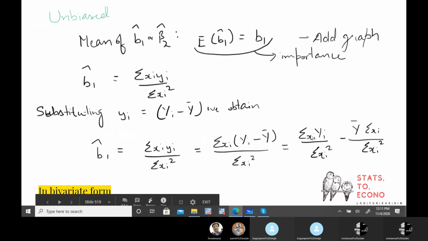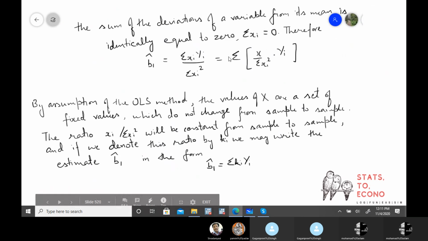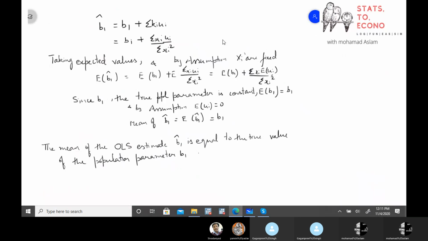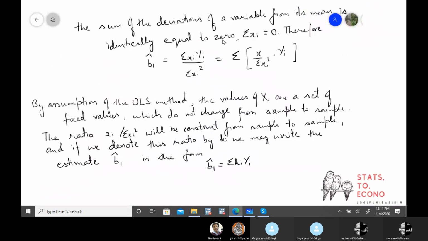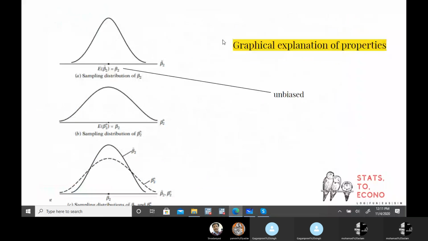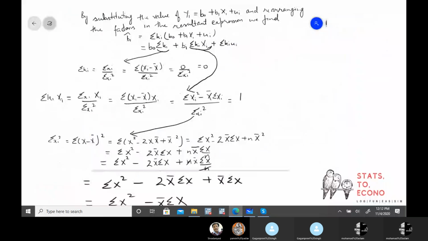This gets disappeared. We are left with this. In the yi there is a beta 1 value, and the other term we have given the name ki.